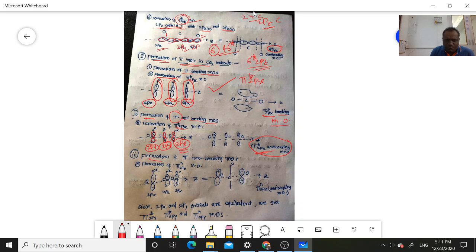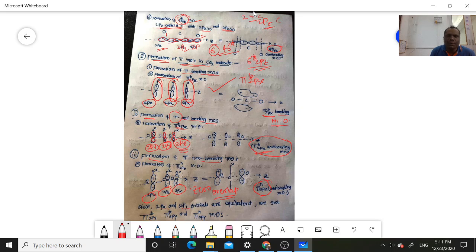Next, formation of the non-bonding molecular orbital. It takes place when the bonding and antibonding effects mutually cancel out, and it is obtained by zero overlap. Whenever there is zero overlap between these 2px orbitals, we get the pi non-bonding 2px molecular orbital.